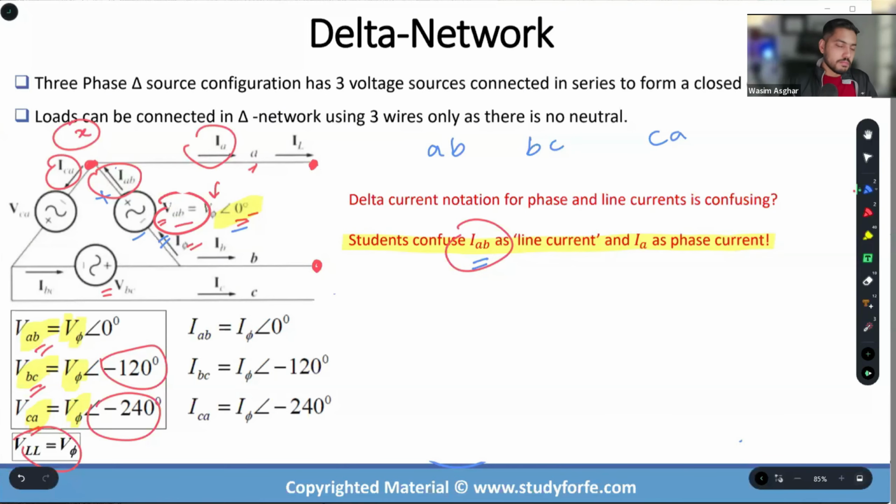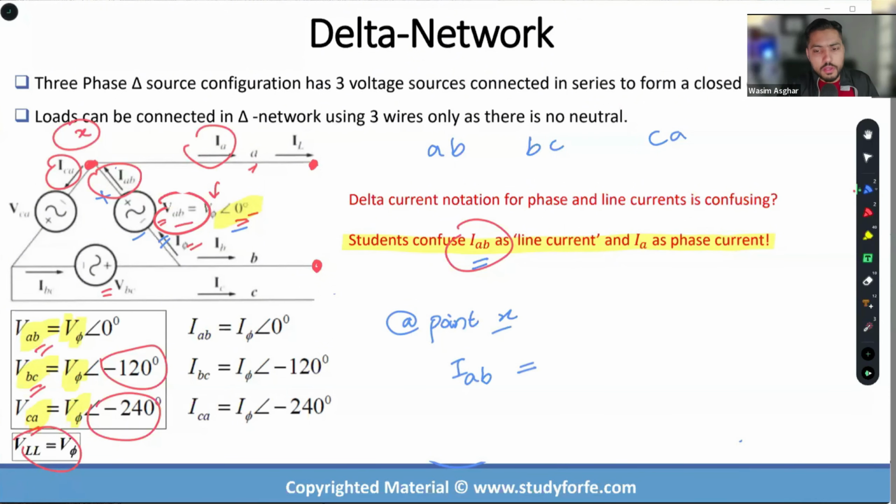So without any understanding of power systems engineering, just knowing the fundamentals of circuit analysis and KCL at node X, I can write that IAB enters the node, and it splits into IA plus ICA. I don't think anybody is going to disagree with me. Simple, straightforward.